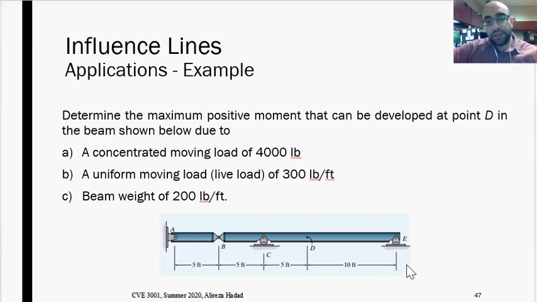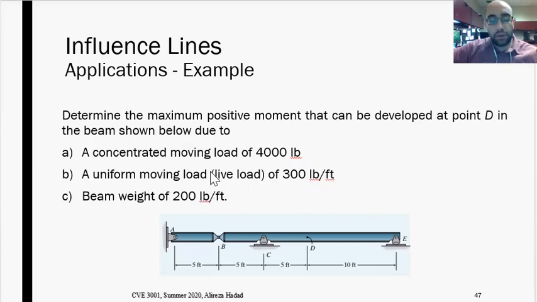So you can see this beam is given to us. It is asking us for finding the maximum positive moment that can be developed at point D, this point over here. If a concentrated moving load is applied to the beam, a concentrated moving load of 4,000 pounds, that's one case. Another case is a uniform moving load of 300 pounds per foot.